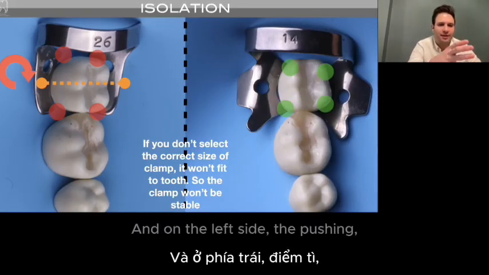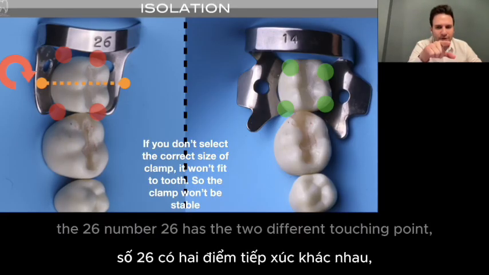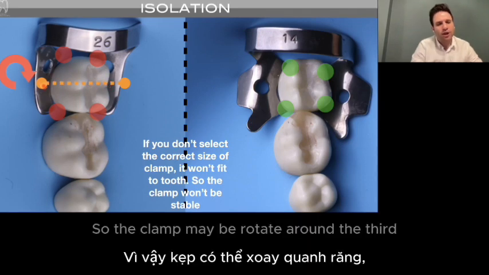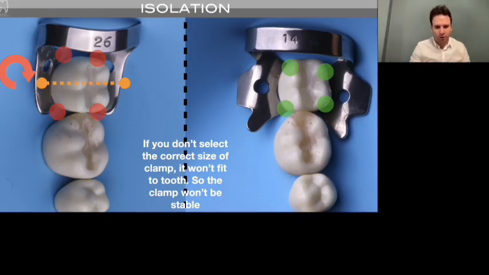And on the left side, number 26 has two different touching points. And here is the touching point. So the clamp may rotate around the tooth. And if you create very big pressure on the rubber, then it is likely to pop out.